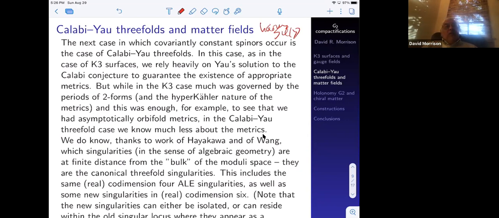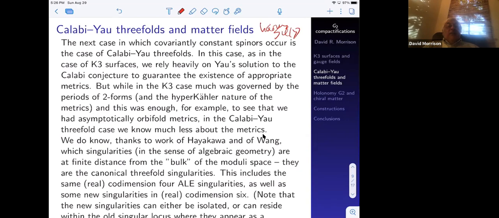But the focus on the Ricci flat metrics is something that's only possible thanks to Yau's solution to the Calabi conjecture. And similarly here, we wouldn't have known that the metrics that we need exist unless Yau had solved the Calabi conjecture. But he did, and he did that well before a physicist asked for the solution.